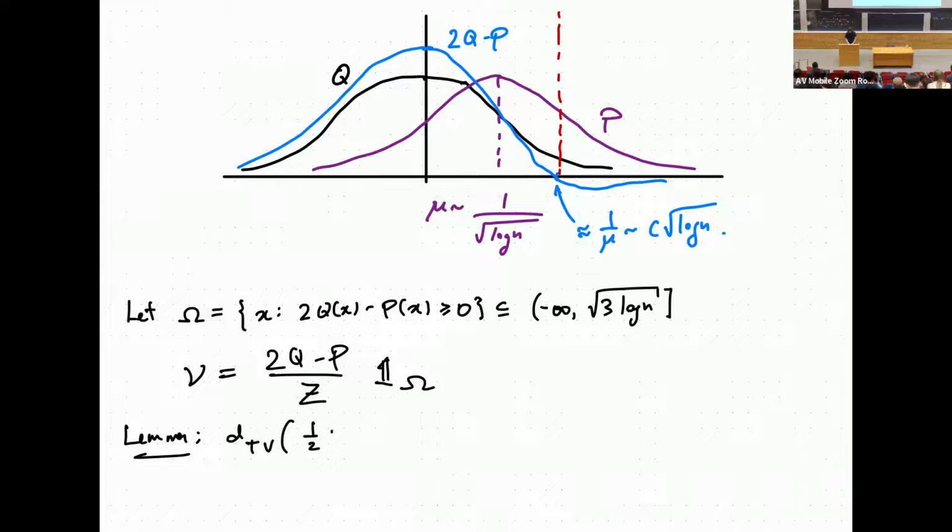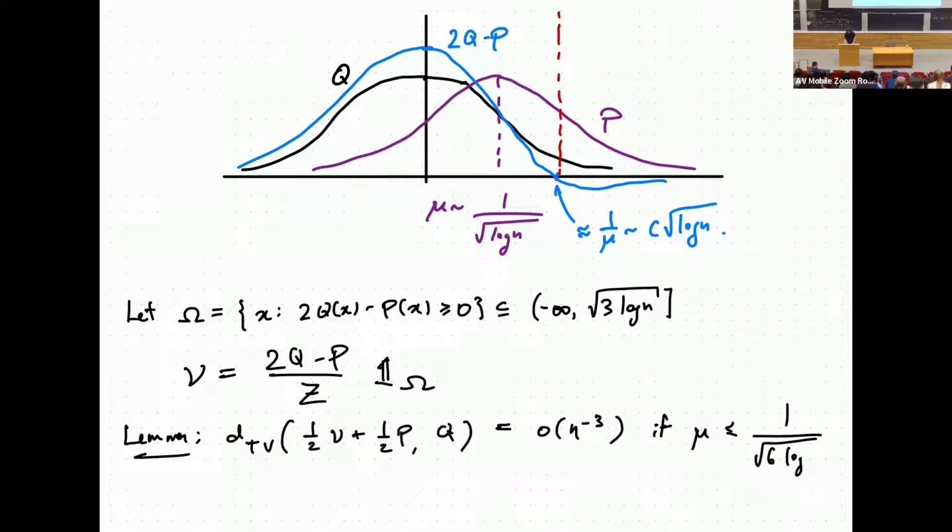The lemma is that the total variation between the half-half mixture of nu and P relative to Q is little o of n to the minus whatever you want. Let's just put a 3 there. If mu isn't too big, so let's say square root of 6 log n.